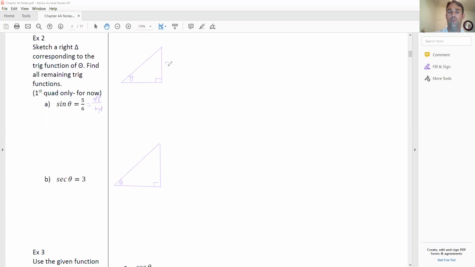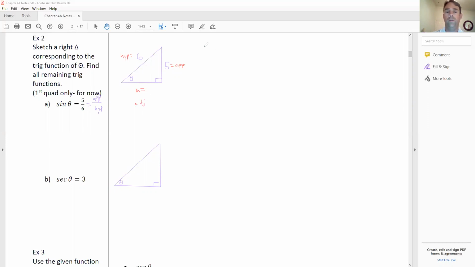So I'm going to go ahead and write them up. And I've got to figure out what the A value is. There's my opposite. Here's my hypotenuse. And I'm looking for the adjacent side.